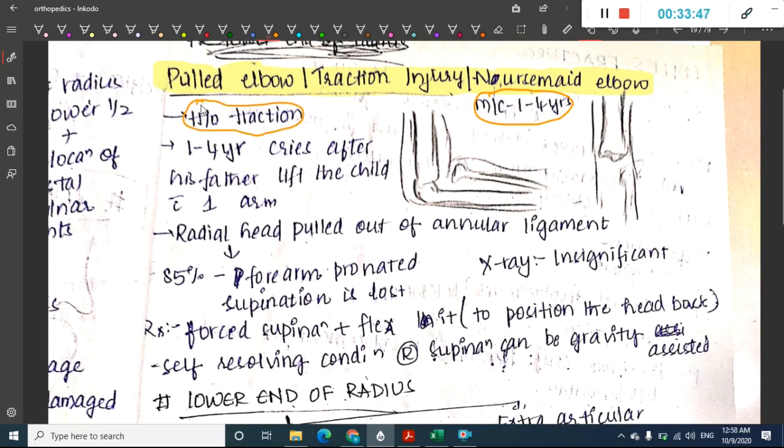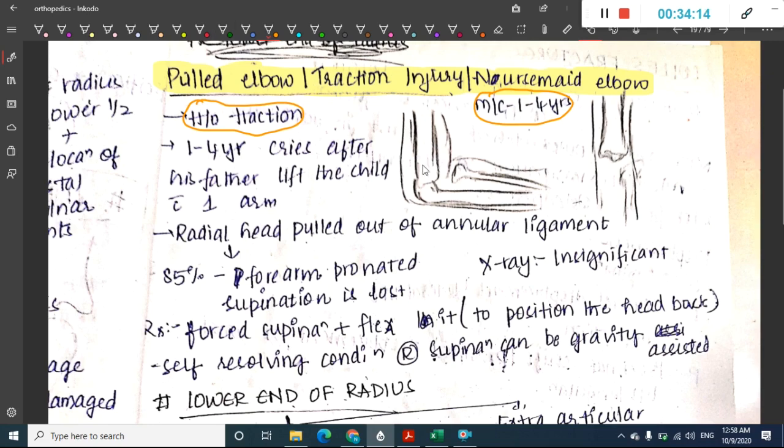For example, a 1 to 4 year old child cries after the father tries to lift the child by the arm. That is pulled elbow.